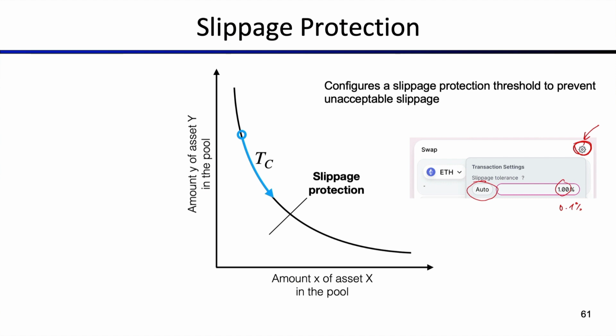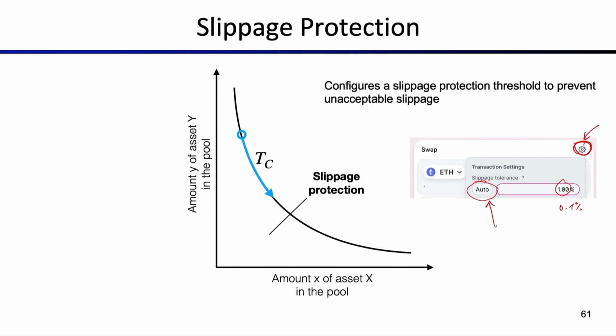I'm quite curious how this auto setting works. So if you have any ideas, or if you have maybe checked this out, please leave a comment in the chat, because it's quite crucial how this automated slippage setting works, because the more open you are to slippage, the more likely you will be a victim of a sandwich attack.